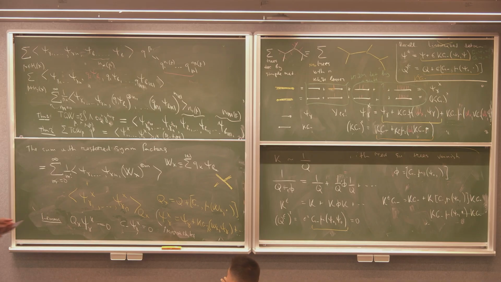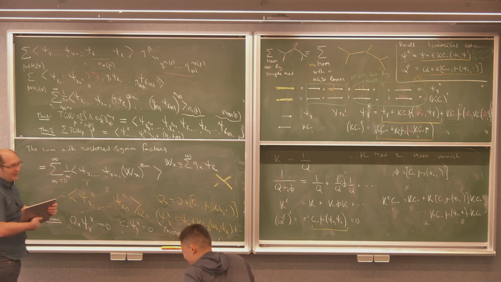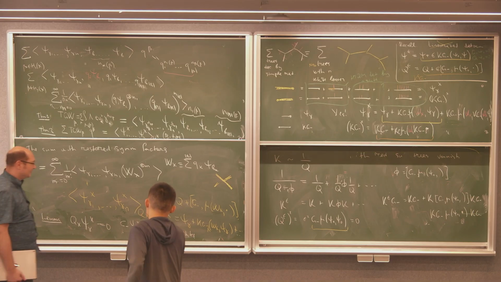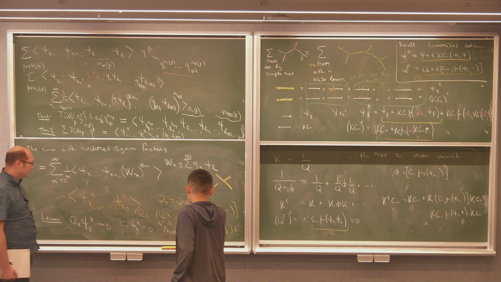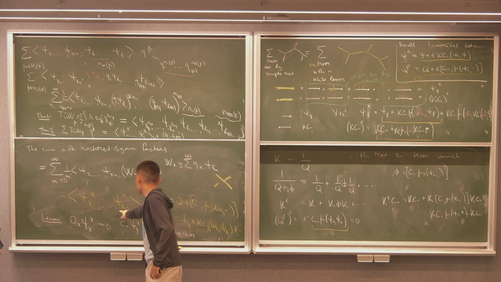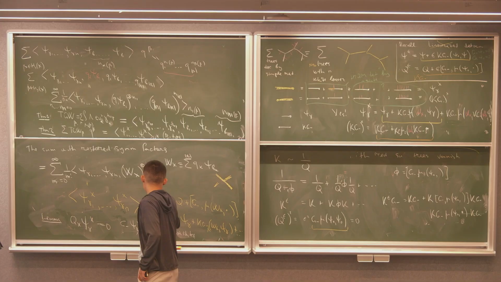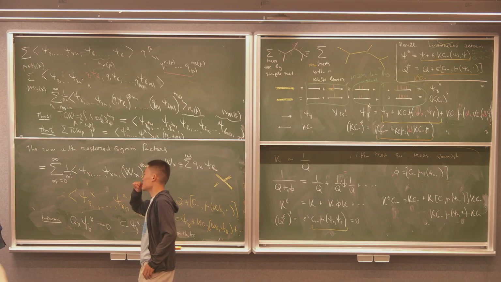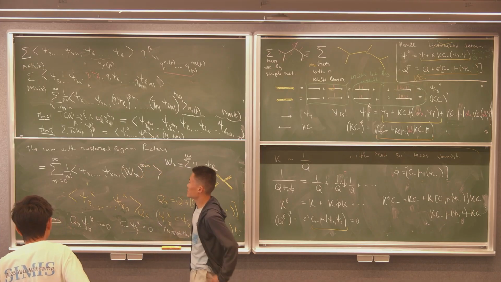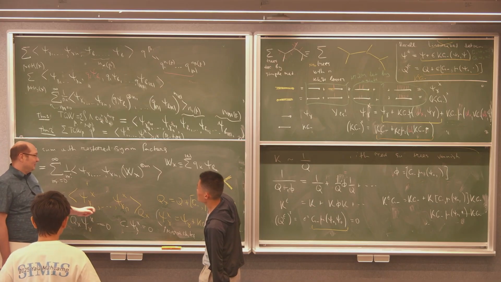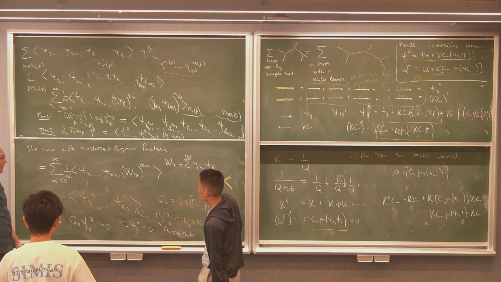Okay. Can I ask you something? Yeah. Later you will use something like a Qx homology class. Yes, but for that I will need to prove certain things about this correlation function.